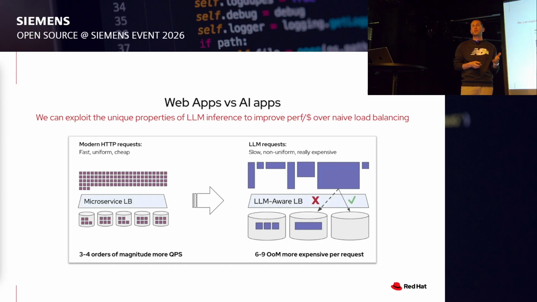With a web application, usually you have requests which are fast, uniform, and cheap. When you receive an HTTP request, it's going to hold up a server for maybe 200 milliseconds, maybe even less. So if you deploy a web application and put a Kubernetes load balancer in front of it, which is a pretty standard deployment, you end up having a pretty even load on your servers, on your pods, and that's good enough. You don't need anything else.